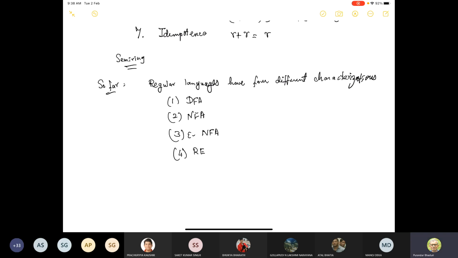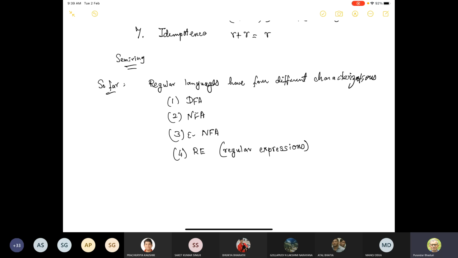By the way, later on in the course, when we use RE, after we have introduced Turing machines, RE will stand for recursively enumerable. Of course, right now you don't know what those are. So for now, RE stands for regular expressions. Okay, so we have seen all these four descriptions or characterizations of regular languages.